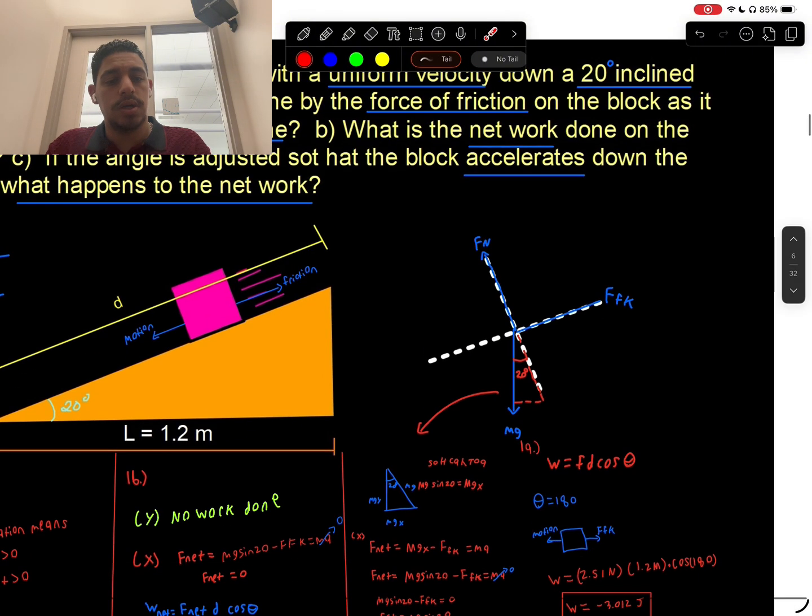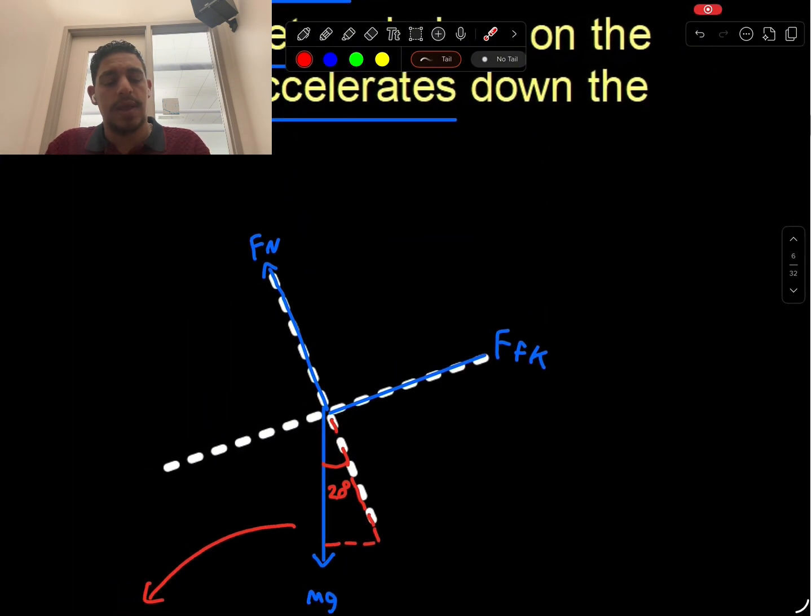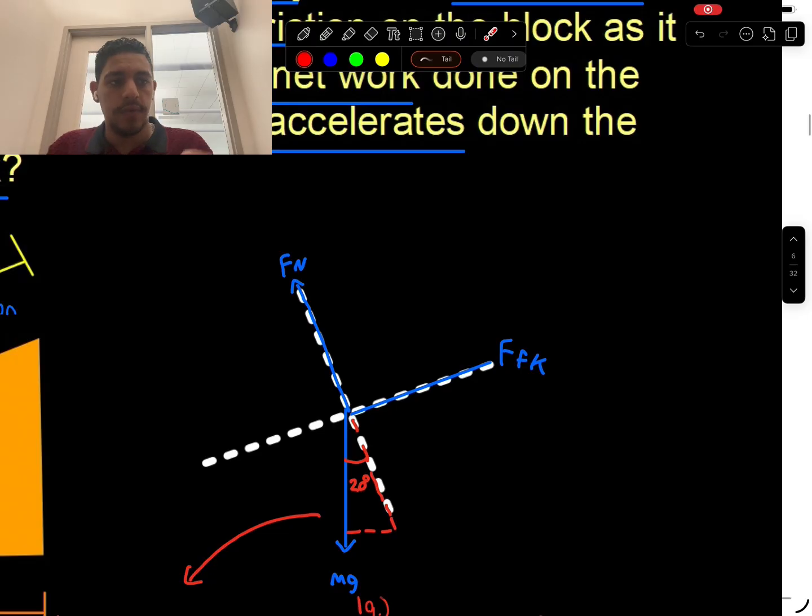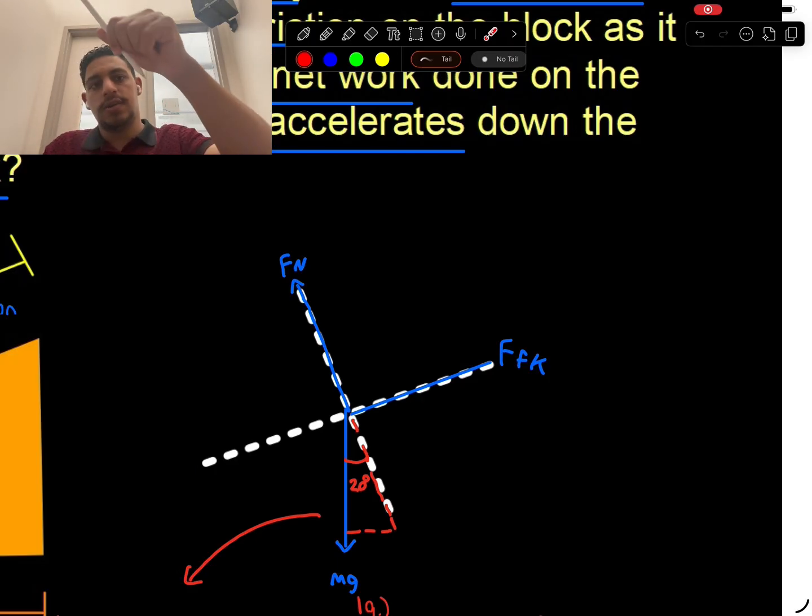And so let's start with the free body diagram to see what this actually looks like, right? What forces are acting upon this block. So we have our mg, which is its weight, right? And in accordance with that, we also have our normal force, because again, it's just sliding down the block. It's not flying off the block, and it's not flying off the ramp, and it's not going into the ramp, right?